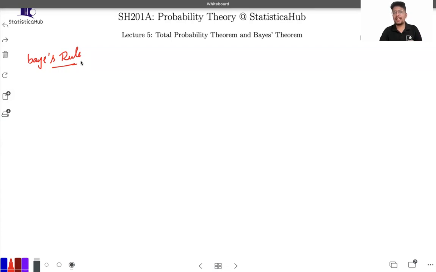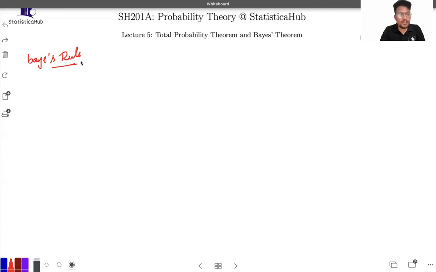In the add-on, I will add some advanced topics, maybe some rules or theorems that are not in the very basic concepts, maybe Boole's inequality, those types of inequalities. The people who are watching this lecture and following on YouTube and the website will be able to understand what I'm trying to say. In the add-on, you'll find one more lecture.